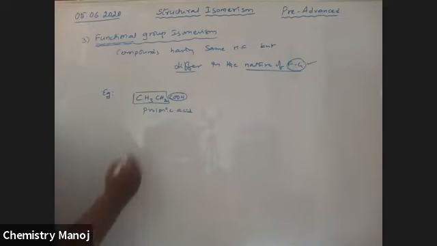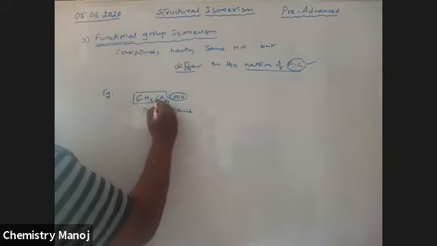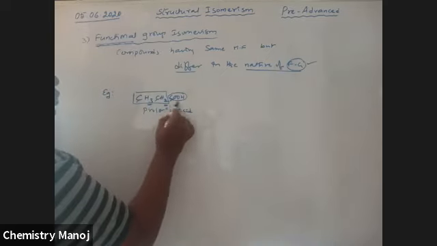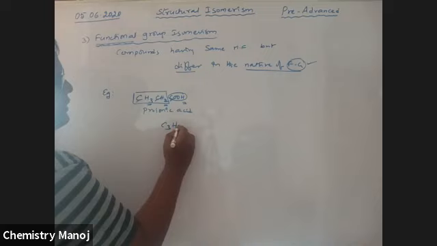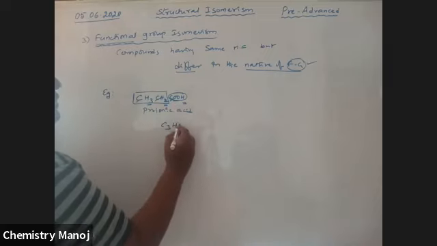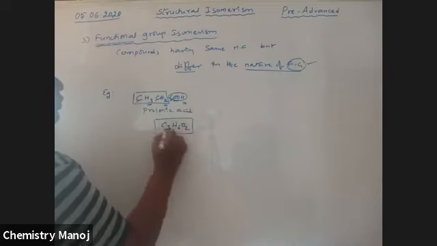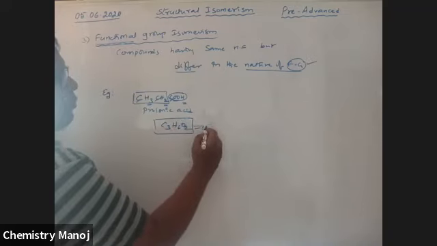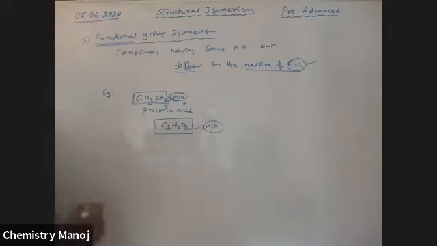How many carbons? 1, 2, 3, so C3. Hydrogens 3, 2, 1, total H6. 2 oxygens, O2. C3H6O2 is the molecular formula of the compound.